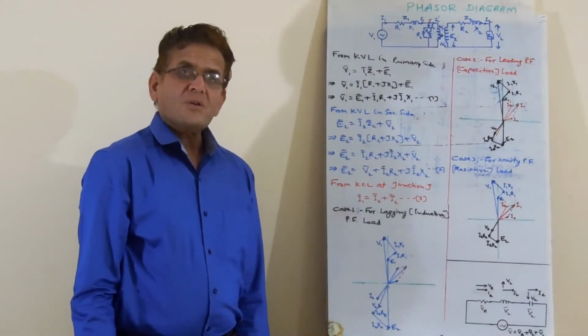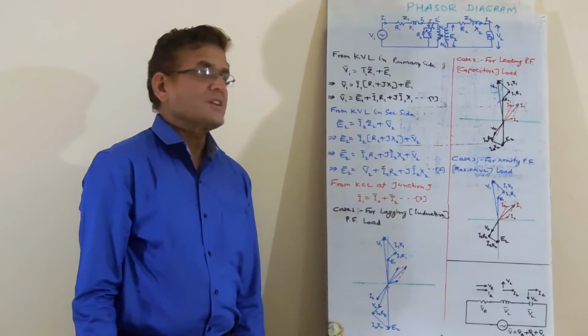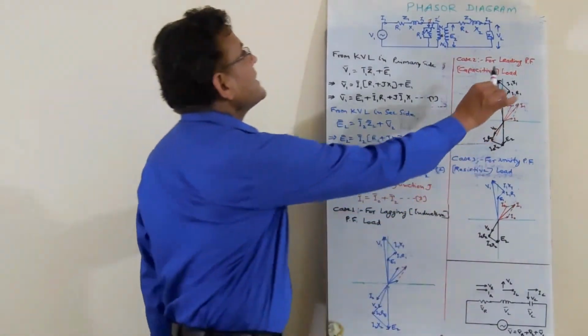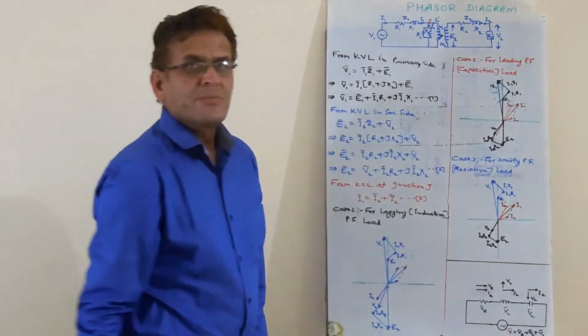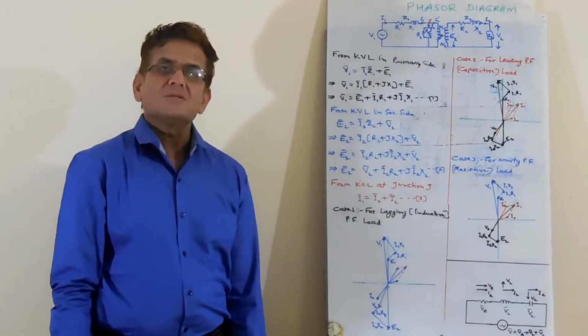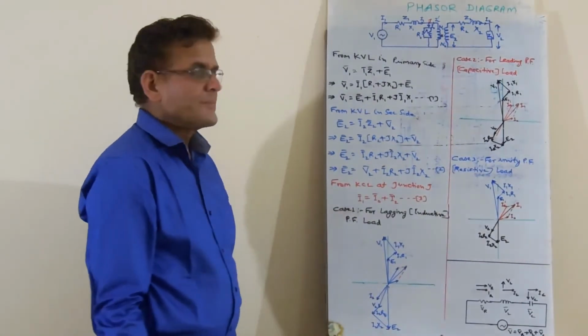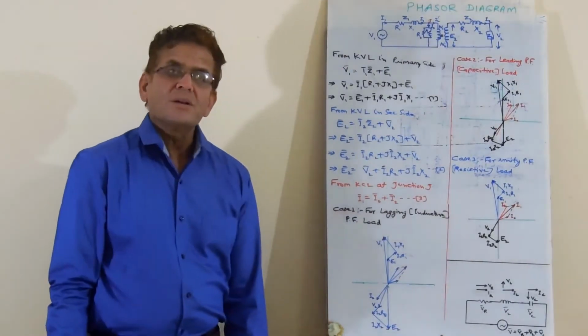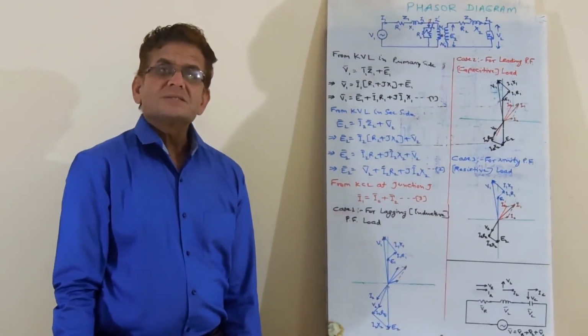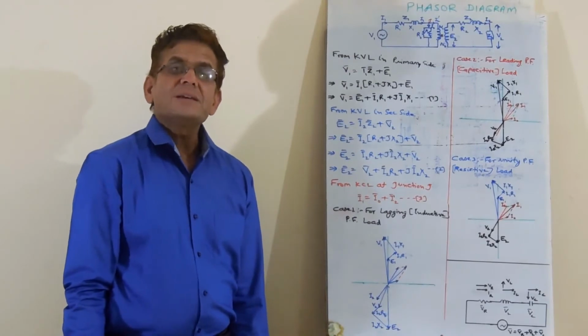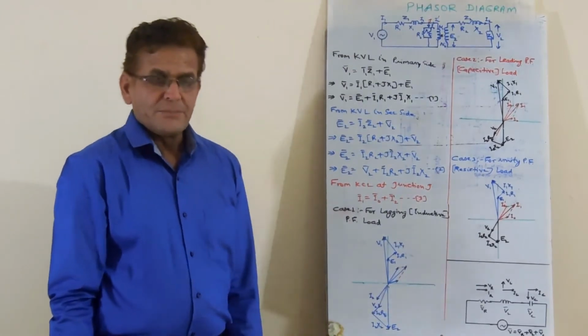Now case second. Vector diagram or phasor diagram of single phase transformer at leading power factor load, and this leading power factor load is also known as capacitive load. In a leading power factor load, current leads the voltage by certain angle.